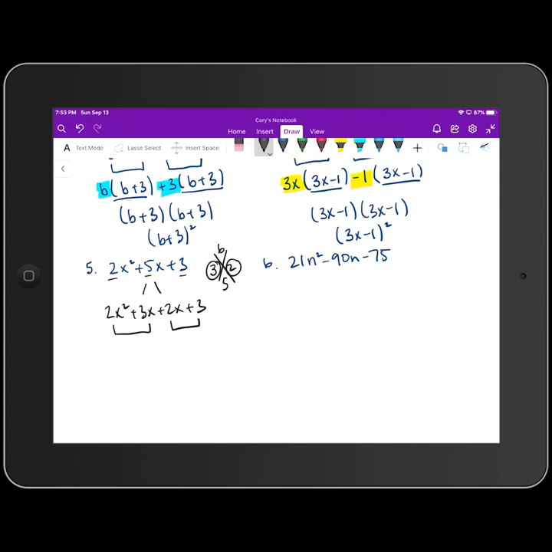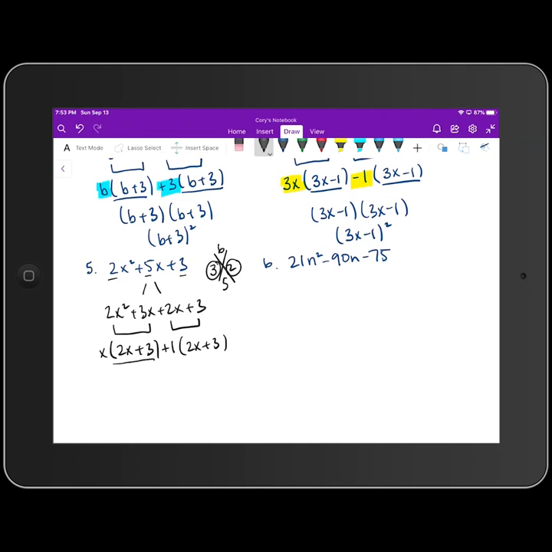Okay, so when I look at the first two terms, the greatest common factor of the first two terms is going to be x. So when I factor that out, that leaves me with 2x plus 3. The greatest common factor of the last two terms is just positive 1. So when I factor that out, that also leaves me with 2x plus 3.